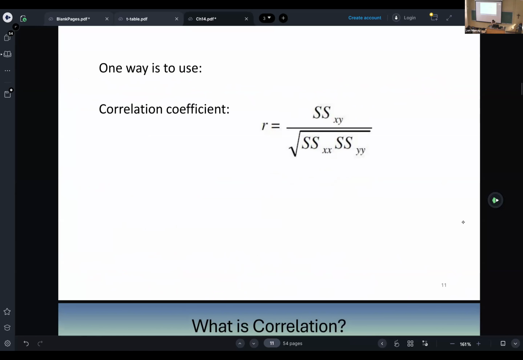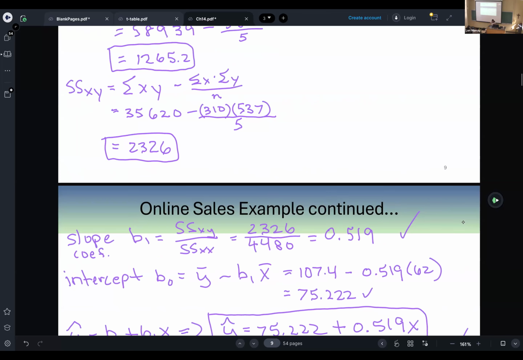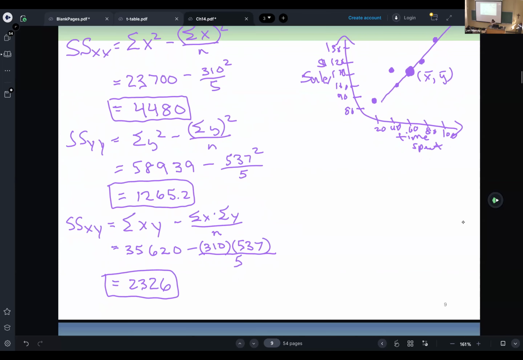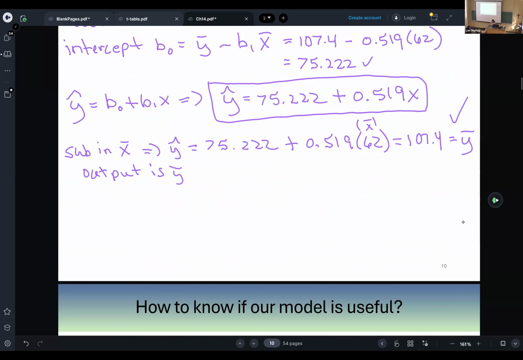Let's put in our values. So R equals the sum of the xy's in the numerator, divided by the square root of the sum of the squares for the x's multiplied by the sum of the squares for the y's. We can get all that in. The sum of the squares of the xy pairs we calculated to be, I'll just scroll back up, we got that as 2326.